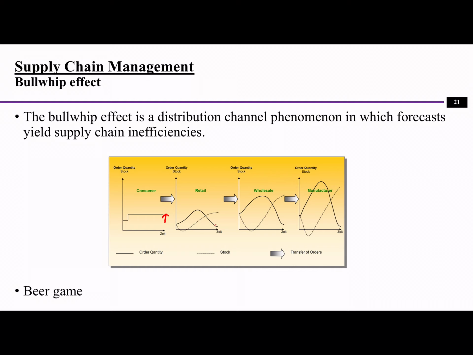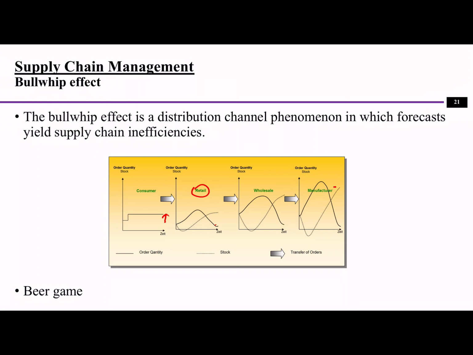Consequently, the wholesale will also start to exaggerate more than the retail did, right? And when it comes to the manufacturer, this kind of exaggeration becomes even bigger. So the result is that the manufacturer is going to produce way too much, but the customer demand has actually only increased a little bit. So this is how the bullwhip effect works.